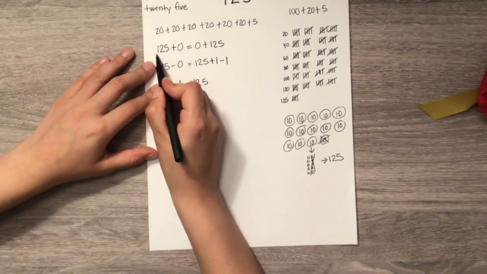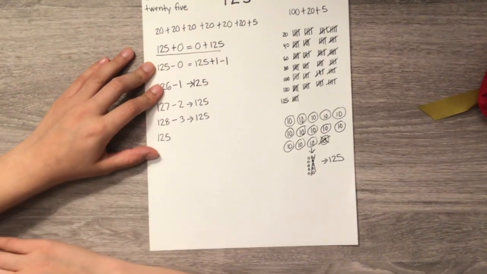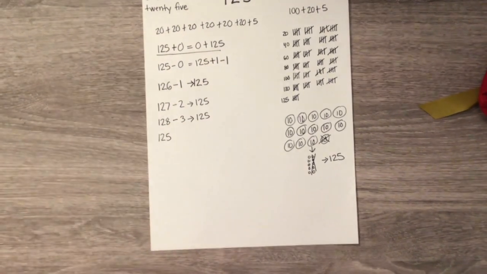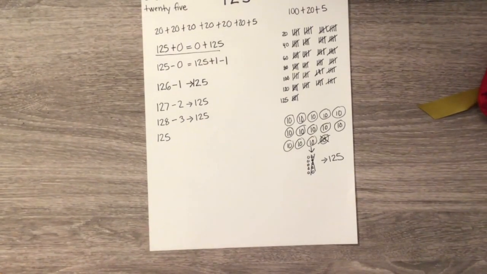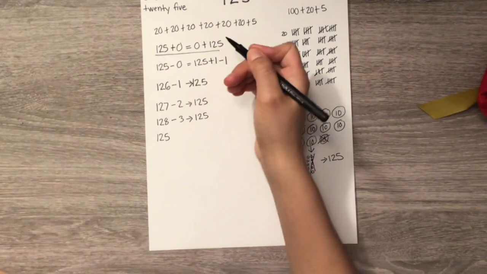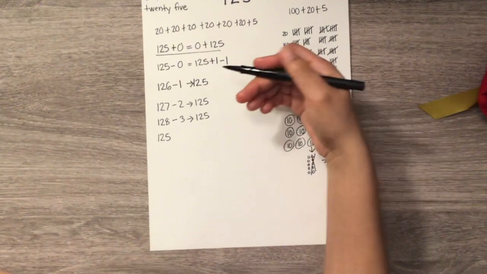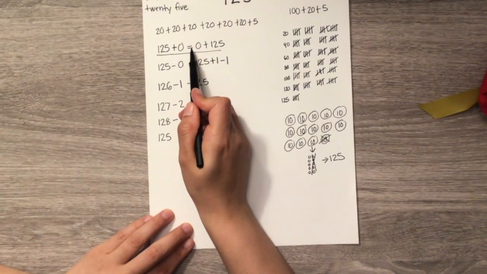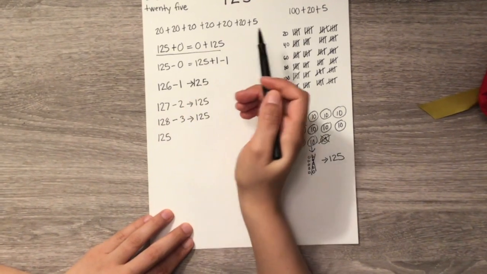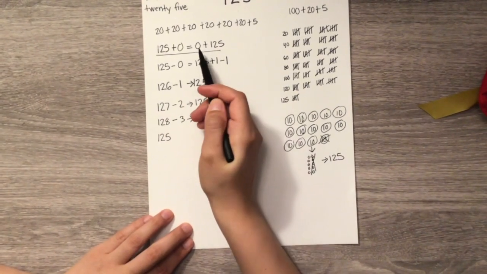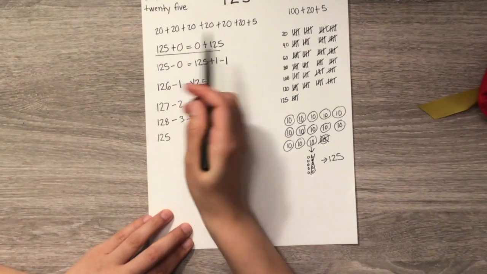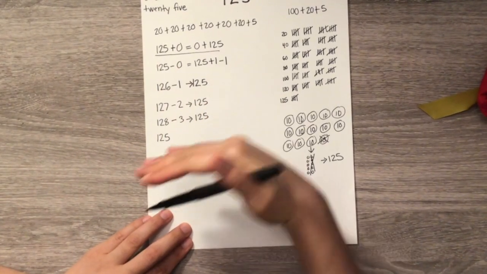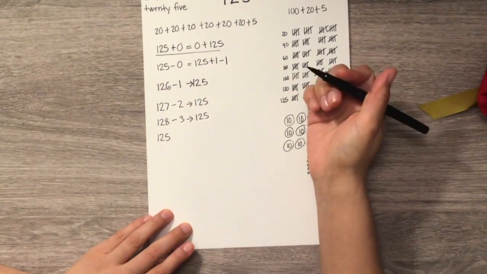So I decided to represent that idea by making this number sentence: 125 plus 0 is the same as 0 plus 125. And I like this idea that I got from a student because it reminded me that the equal sign is not exactly something that we have to tie ourselves to, where it has to be on the left side or the right side. It is something that we need to try and be flexible with.